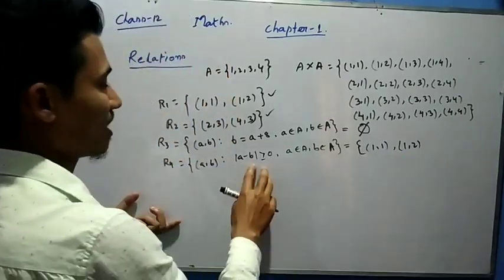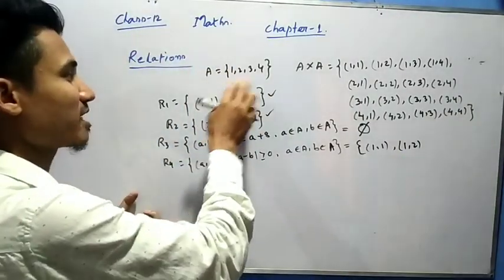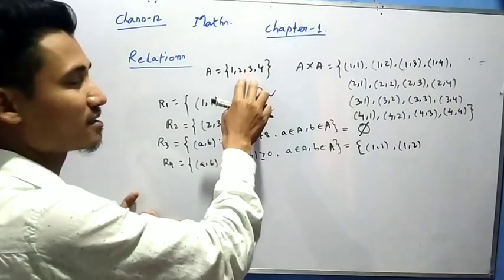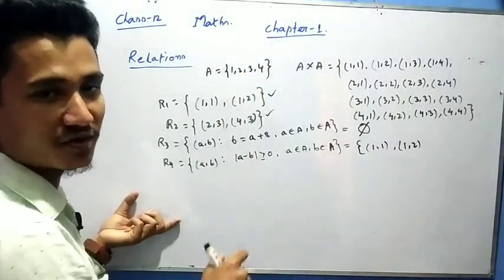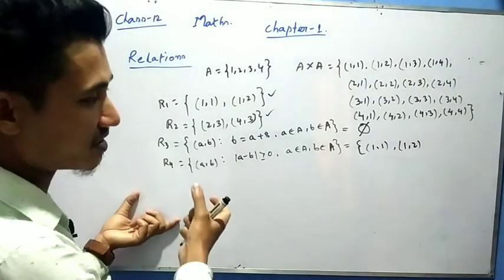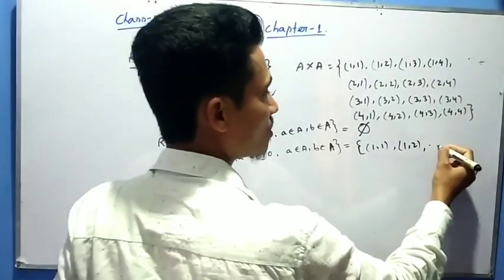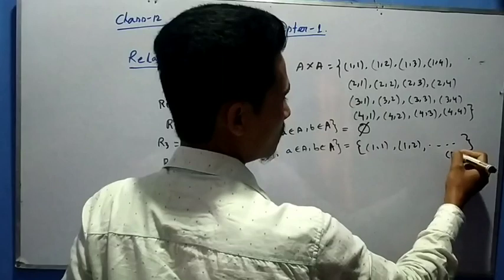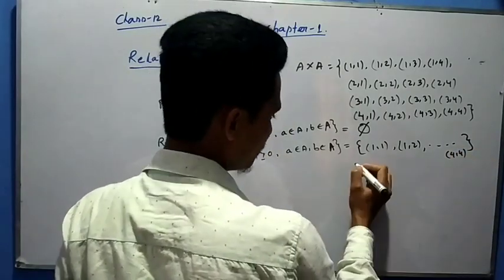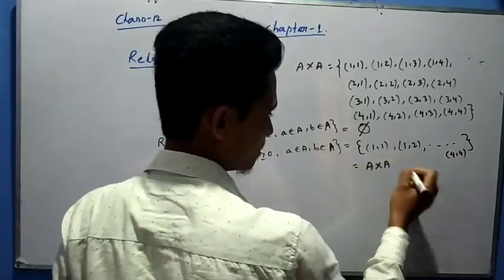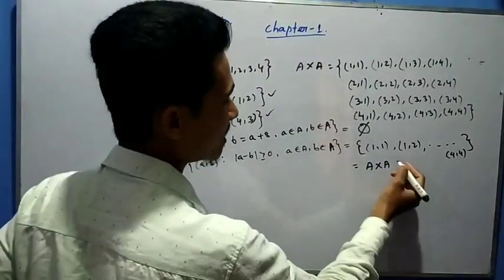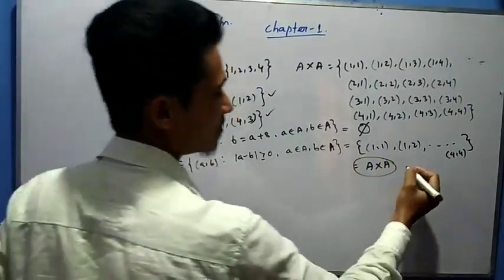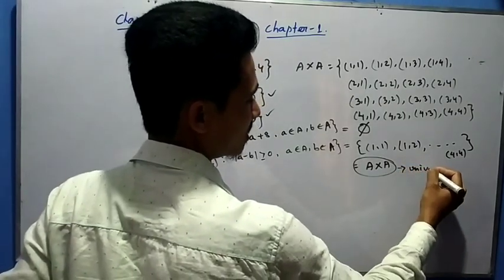Because for any elements in this set, their absolute difference, the modulus, is always greater than or equal to 0. So all the elements up to (4, 4) will come. That means R4 contains all the elements of A cross A. So this type of relation is called your universal relation.